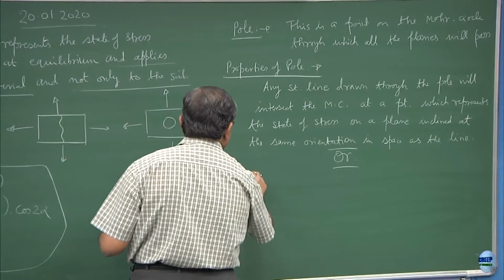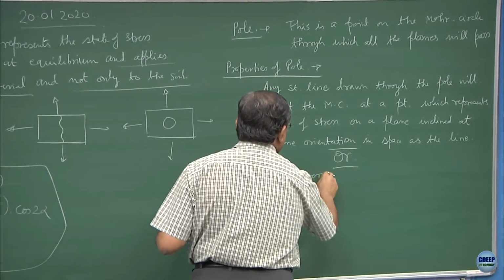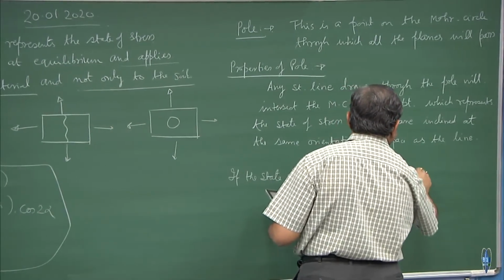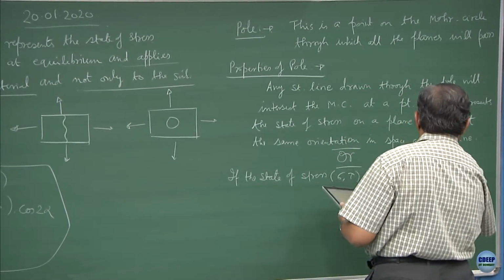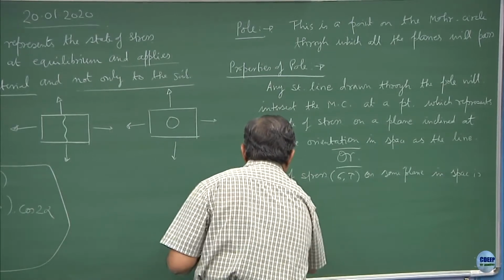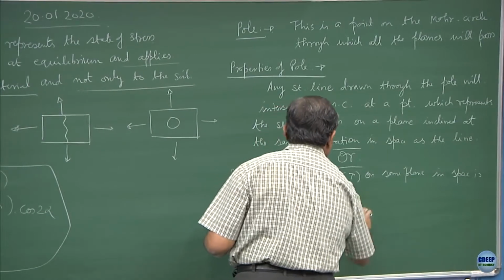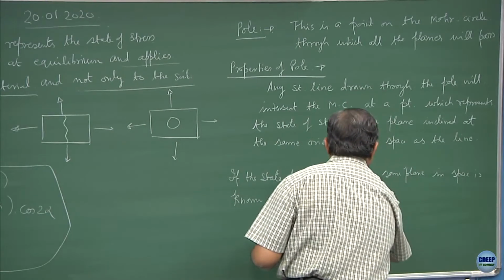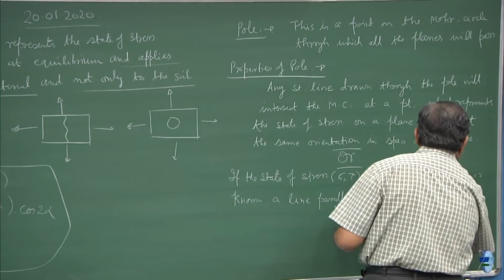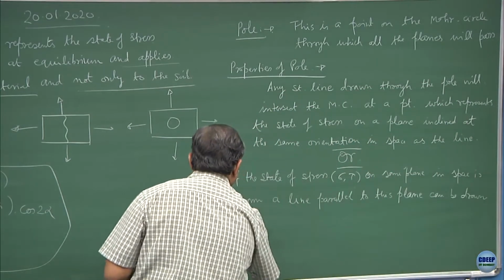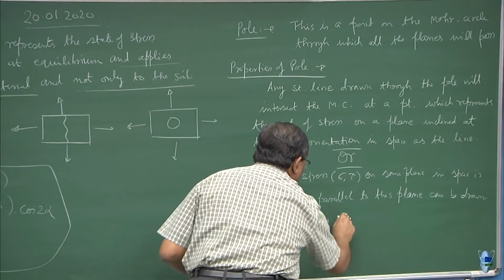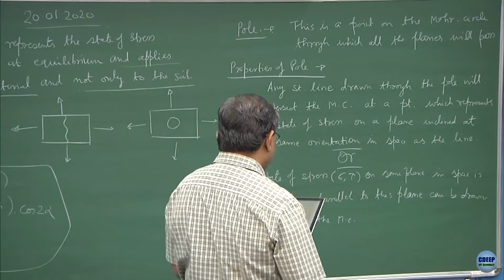If the state of stress, that is sigma and tau, on some plane in space is known, a line parallel to this plane can be drawn through sigma and tau on the Mohr circle. The pole is the point where this cuts the Mohr circle.